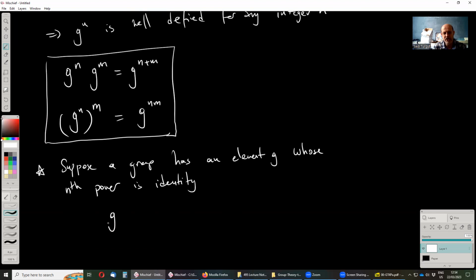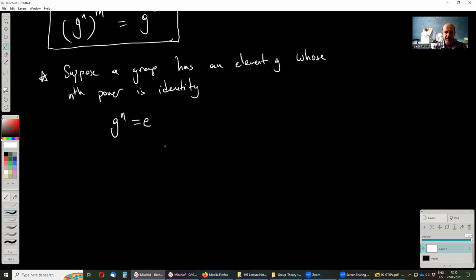So let's say G to the power n is equal to identity. I mean, for finite groups, there is always such a number. That's something that is also discussed in the notes as a result. I'm not going to repeat it in here. But for a finite group, all the elements satisfy this property, actually.